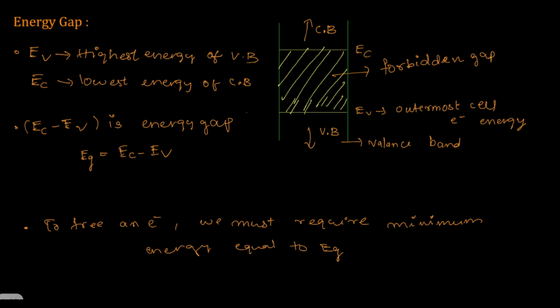We are considering the worst case here. Worst case means let us assume my outermost electron is here, and if I want to reach the conduction band, then the energy required for this electron to come up to the first level of the conduction band will be Eg.